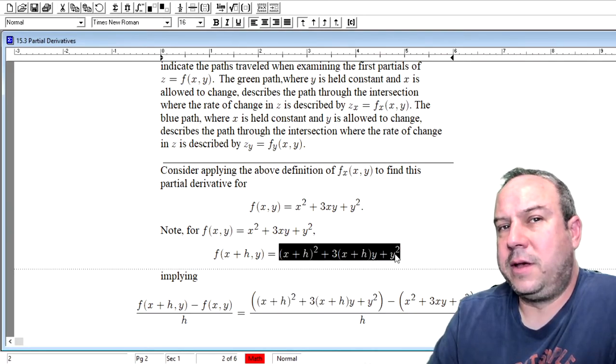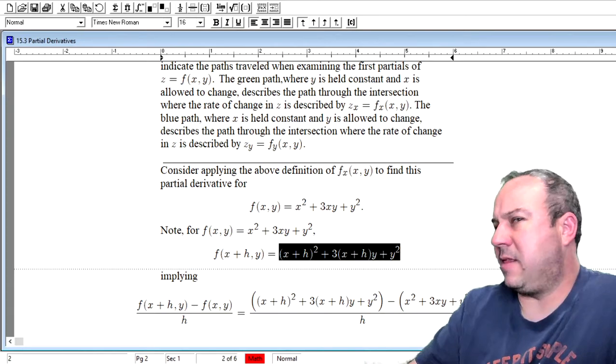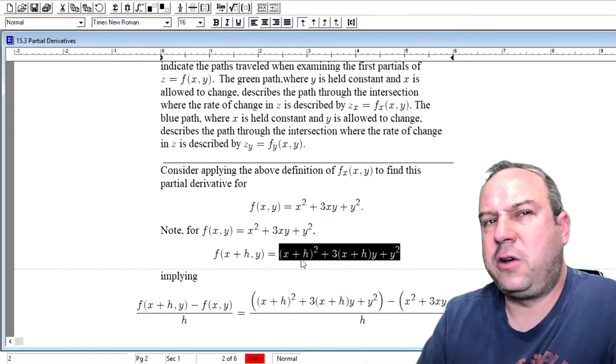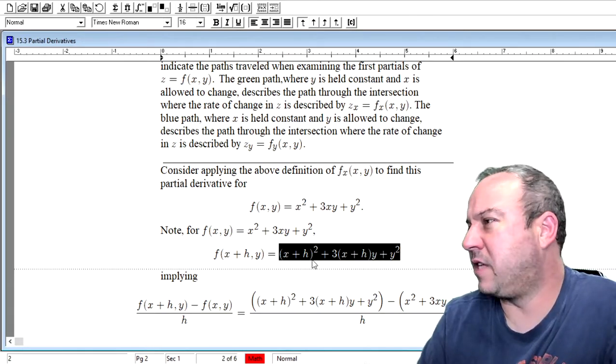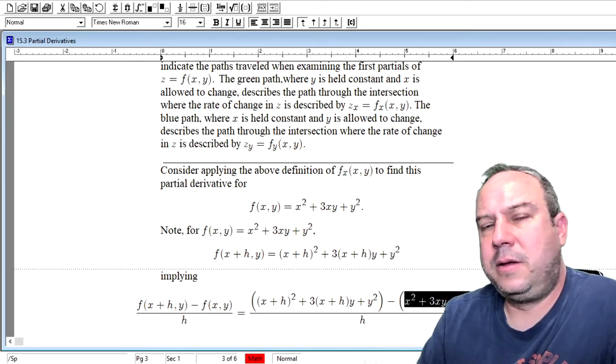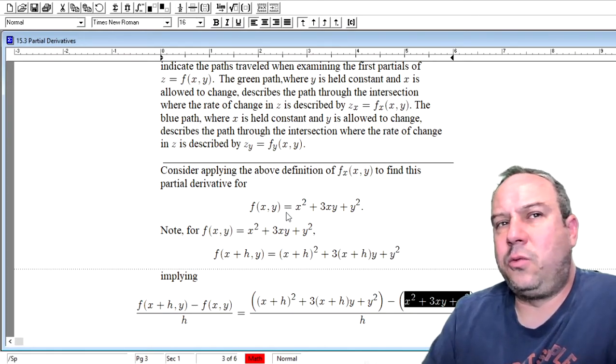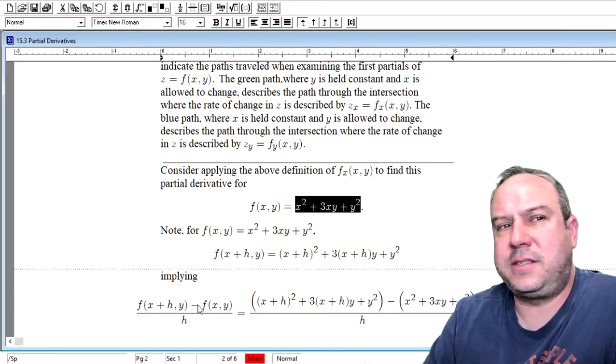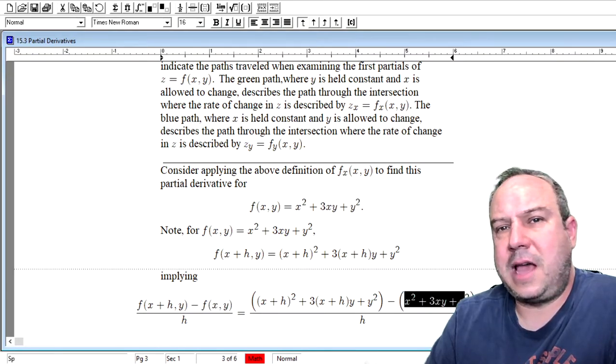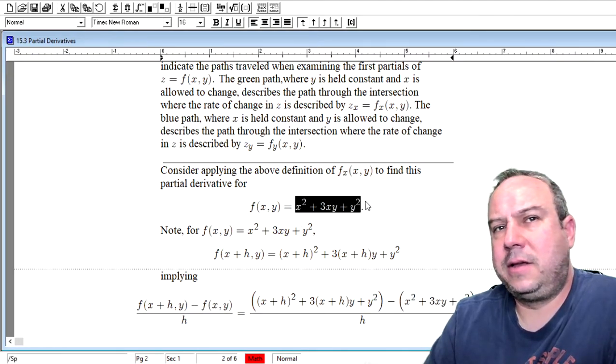That gets substituted in. We're going to expand that out in a moment. I could have expanded back here if I desired. Minus, what is f of x comma y? This is just f of x comma y, respectively.